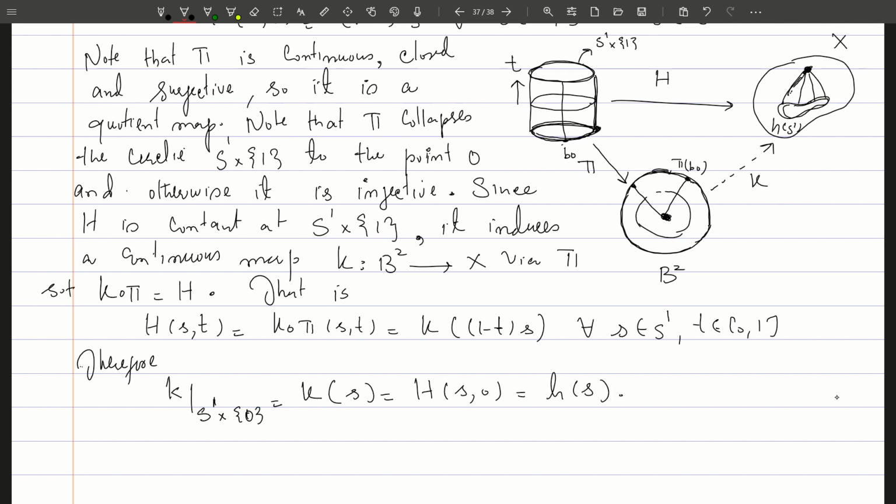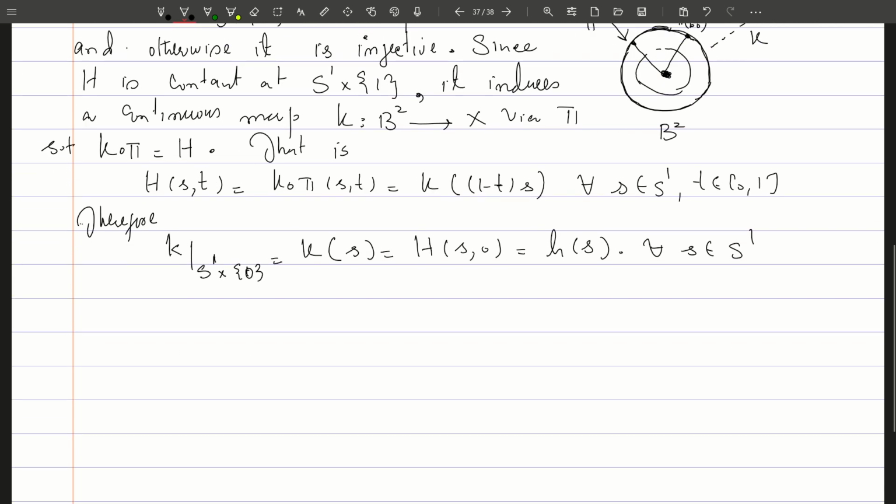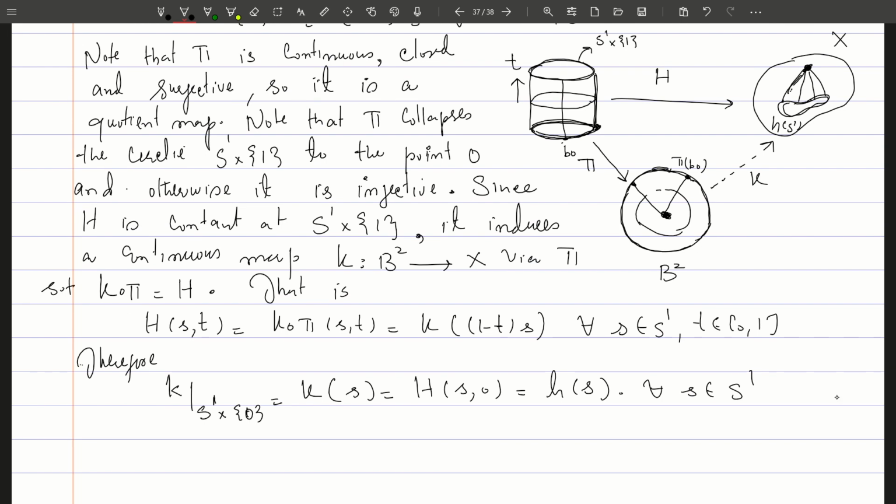So this is true for all s in S1. This means that when we restrict k to this circle over here, we get this loop, that is the edge of S1. So that means this k is an extension of the map h.